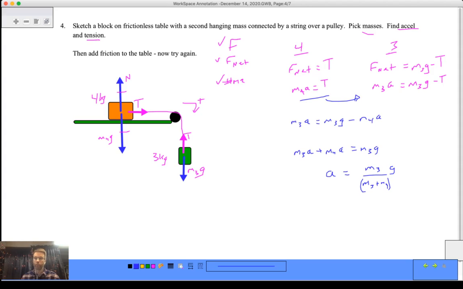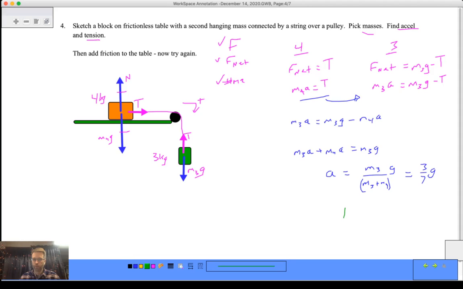So there's our acceleration. Again, if we put a number on this, in this case, 3 kilograms on the top, 7 kilograms on the bottom. This is going to be 3/7, the 7 because it's 4 plus 3, of g. So our acceleration is 3/7 of g. And again, if we wanted to find the tension, it might be easiest to pop it back in the equation for m4.